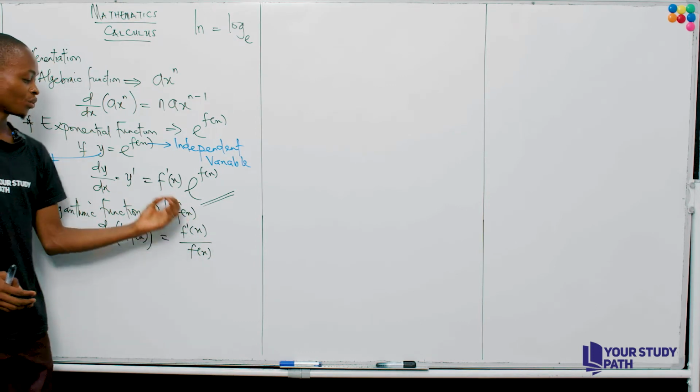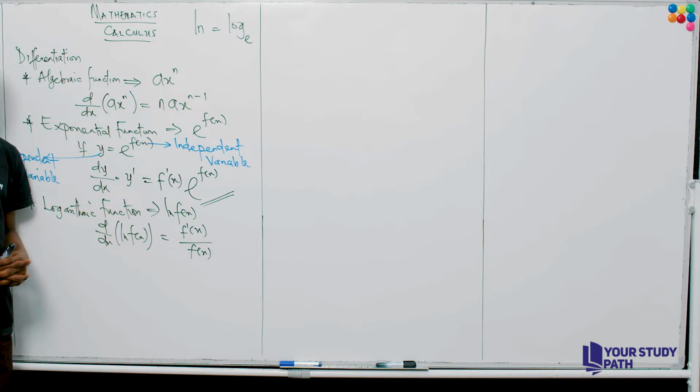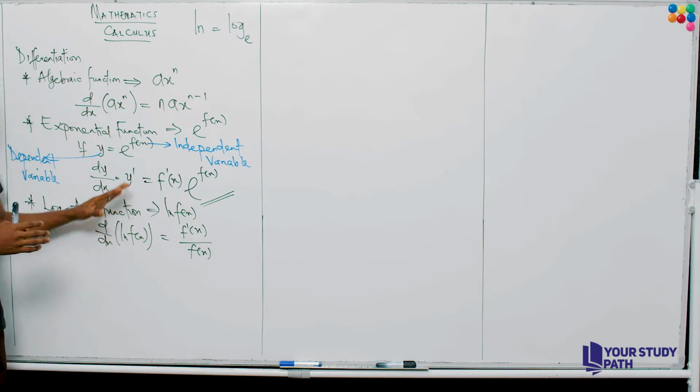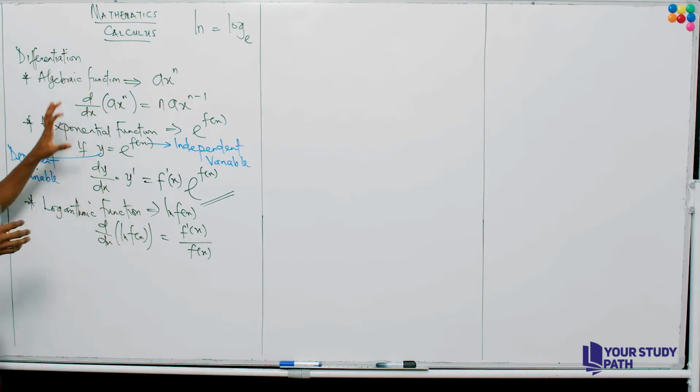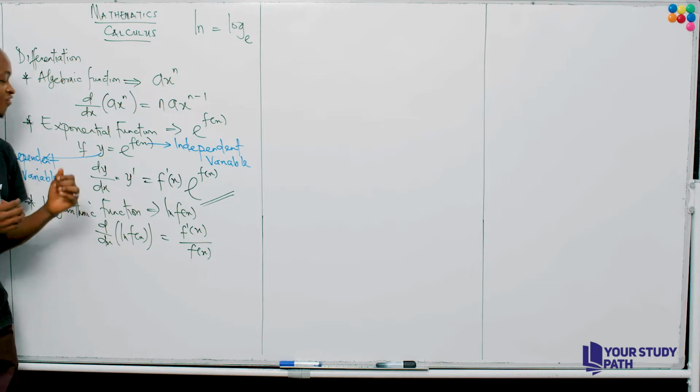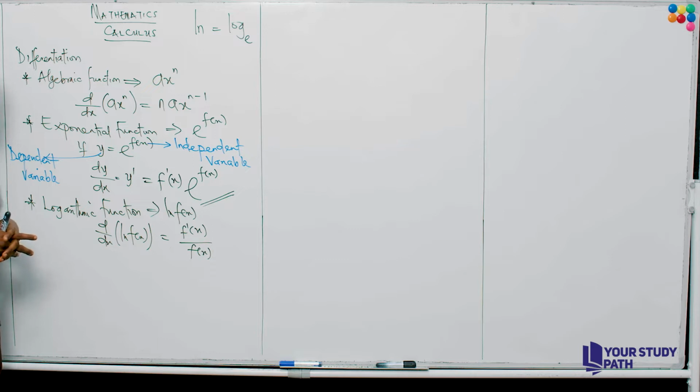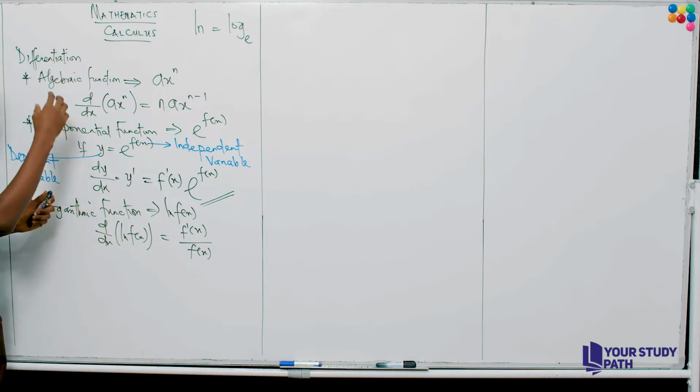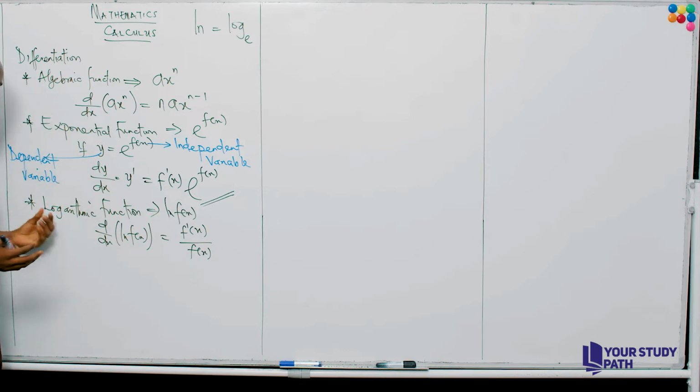This is how we carry out the logarithmic function. Of course, these are just bits and pieces of kinds of functions we can differentiate. Take a moment, go through all this, and you'll see that these are functions you are very, very familiar with. Of course, the functions we can differentiate do not end here.